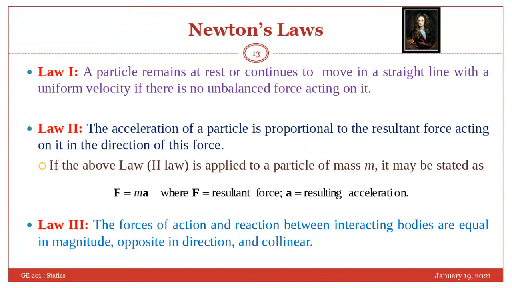So the technical definition of the first law is: a particle remains at rest or continues to move in a straight line with a uniform velocity, with the same velocity, if there is no unbalanced force acting on it. So if no unbalanced force is acting on a body, as the body is, it will remain as is.